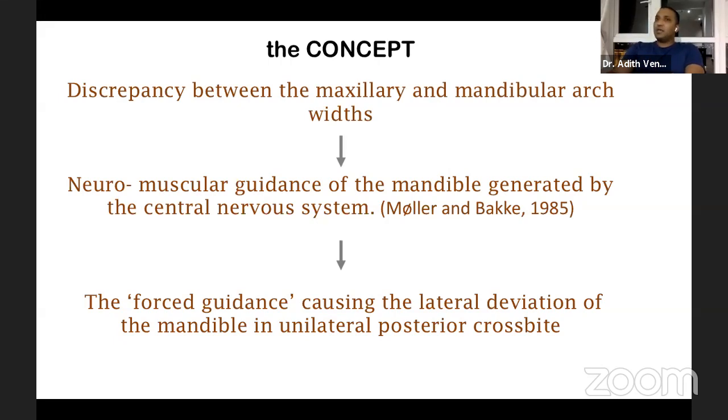Sometimes that may be the only finding, not causing an anterior crossbite, but most of the time it causes an anterior crossbite and glides the mandible forward to get ideal intercuspation of the posterior teeth.